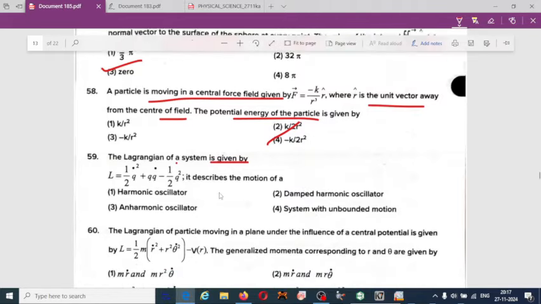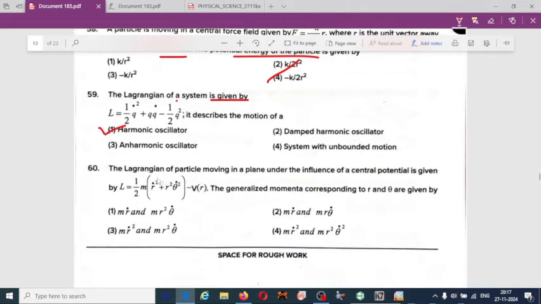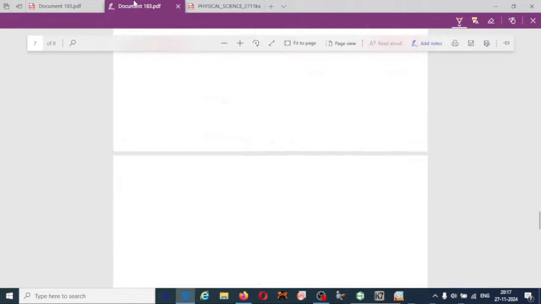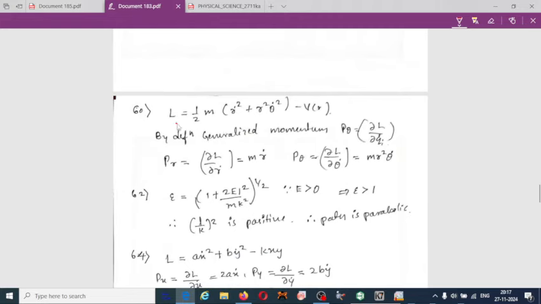Lagrangian of a system is given by harmonic oscillator. Lagrangian of a particle moving in the plane under the influence of a central potential is given by option 1. So here is the solution 60. This is the given Lagrangian.